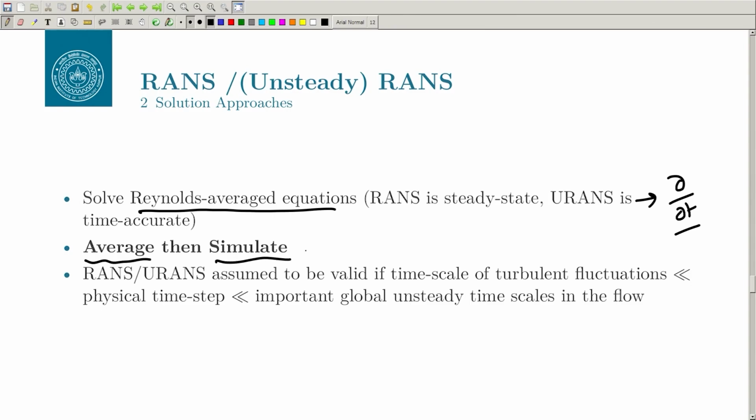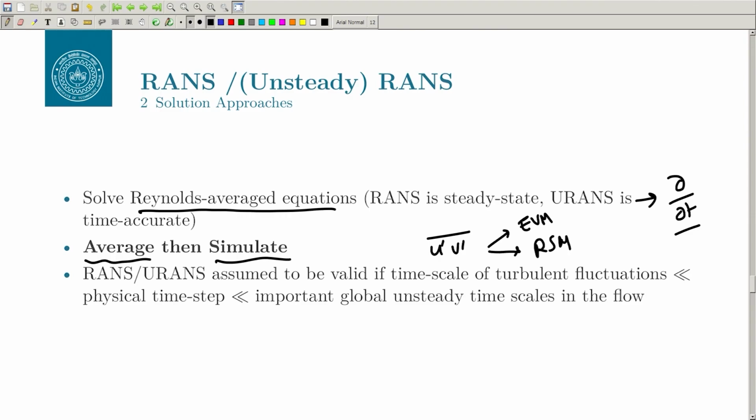We average the equations, we get an equation in an average quantity, and then use the simulation. Of course, when we averaged it, we have this closure problem that we have already discussed. So, you will have this u prime v prime bar that you need to basically model, and that is where you can employ your eddy viscosity model or your Reynolds stress model to overcome that closure problem and simulate it.